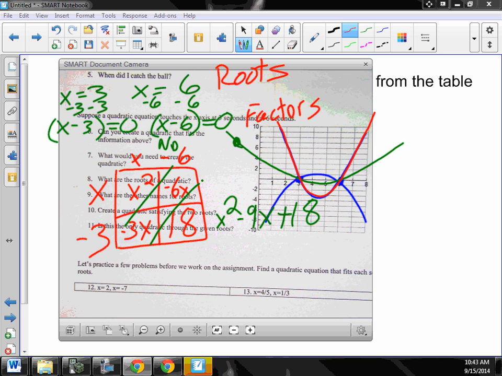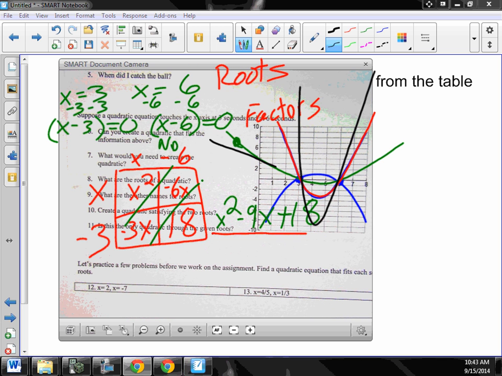For instance, if we took this equation and we times the whole thing by 2, then the quadratic would be 2 times taller and 2 times lower. If I divided the whole equation by 4, then it would be 4 times shorter. If I multiplied it by a negative number, then it would flip upside down.